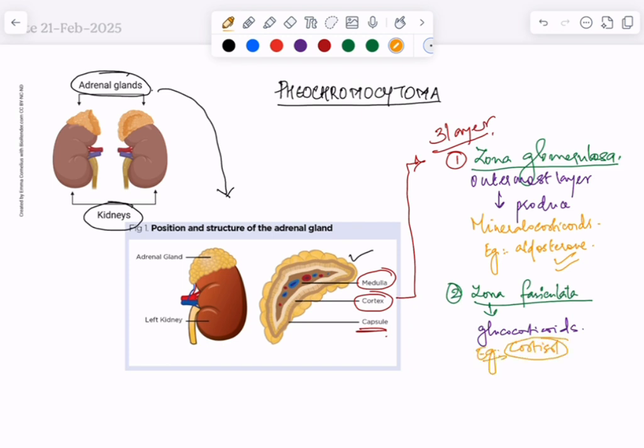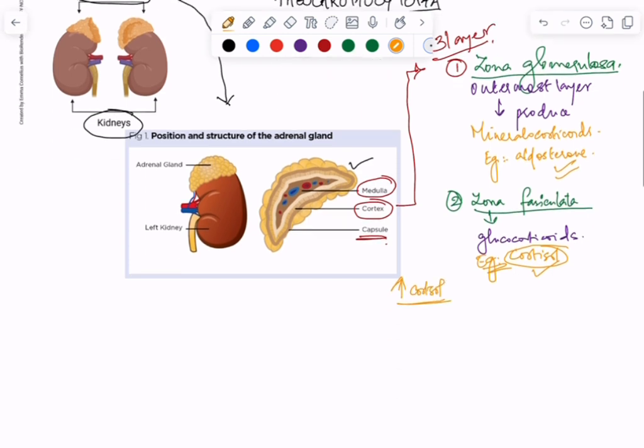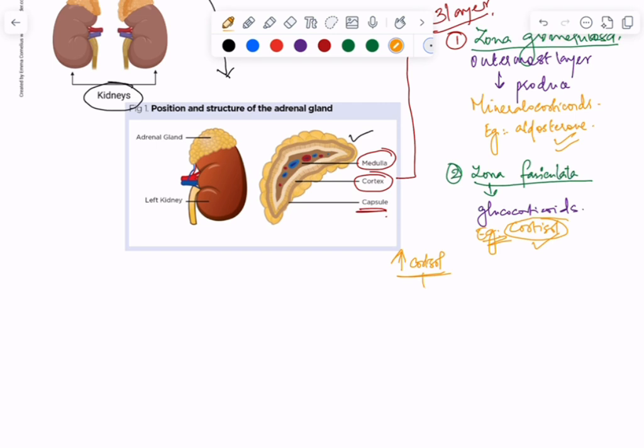This cortisol regulates the metabolism of glucose in our body. So that is the main function, and I will explain one topic here. Excess cortisol level will lead to a syndrome called adrenal Cushing syndrome.